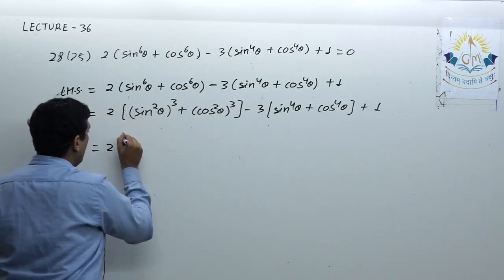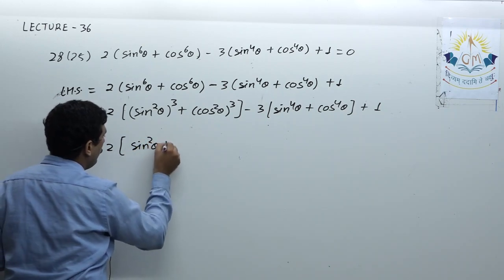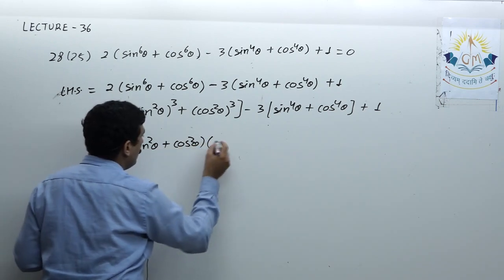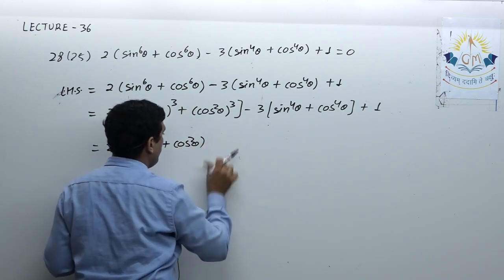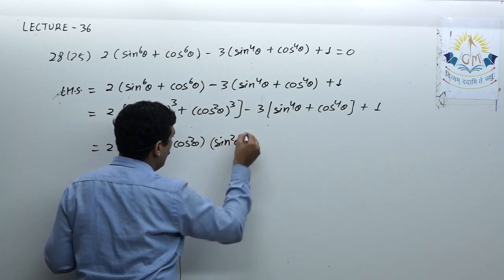So here a is actually sin square theta. So a plus b in the first bracket, then a square, that means sin square theta its square.